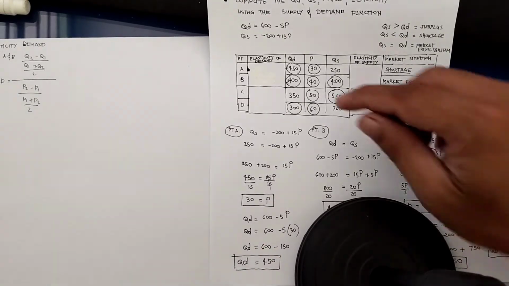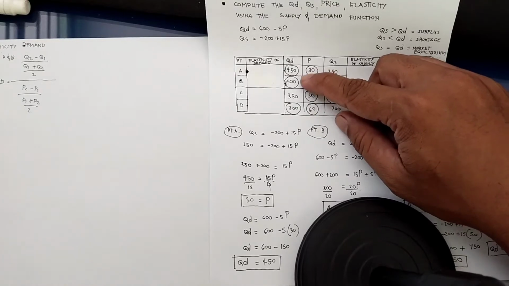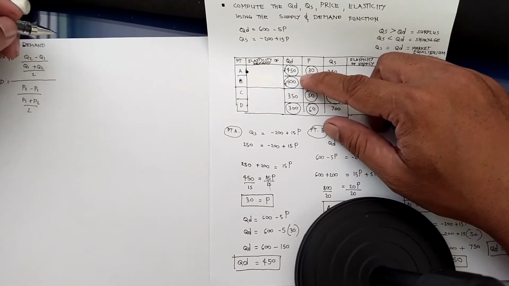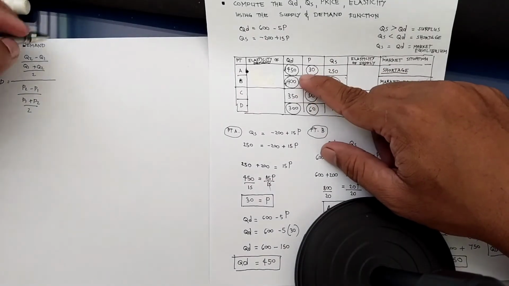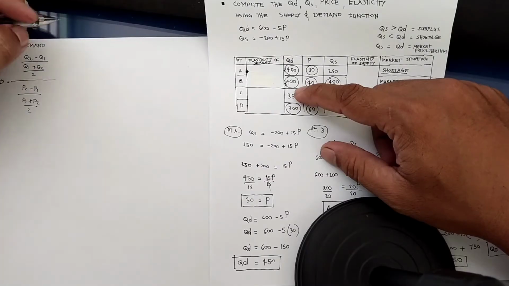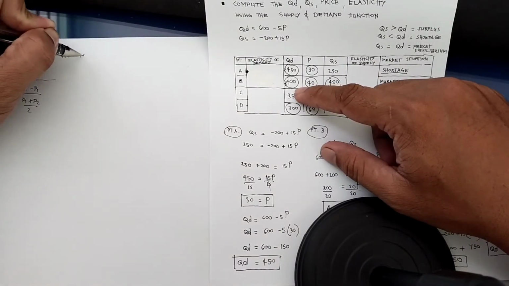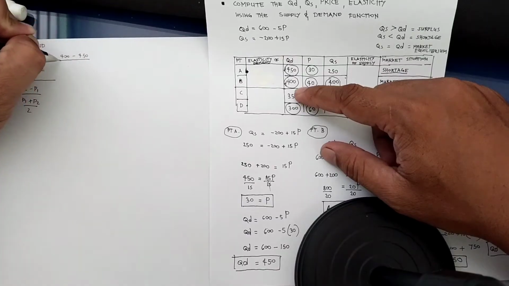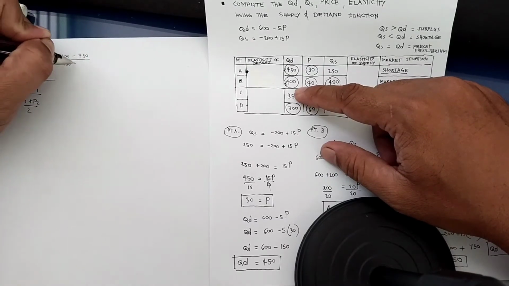So from that, we can now compute our answer, because we have here our given. So we start with our given. So we can use 400. B is our sub 2. So 400 minus 450 over 450 plus 400 over 2.